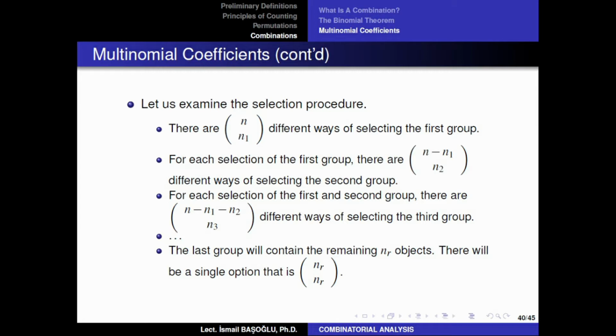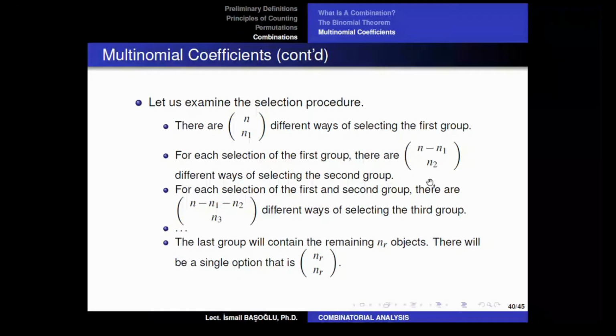Once the first and the second group are created, there remain n minus n1 minus n2 members in the parent population. From these members, we need to choose n3 of them to create the third group, so on and so forth. Finally, once all of the groups except the last one are created, for the last group, automatically nr objects will remain, and we need to select all of these nr objects as the final group.